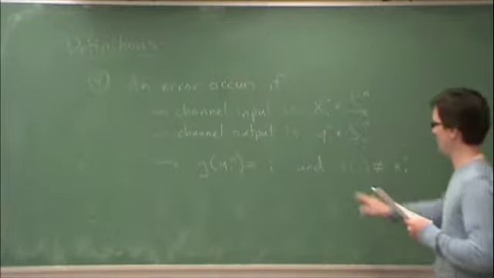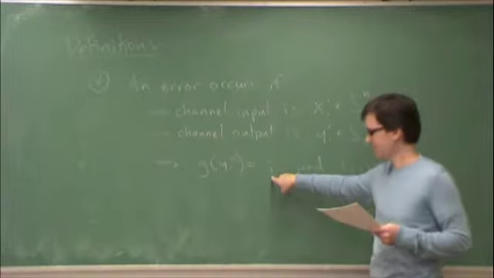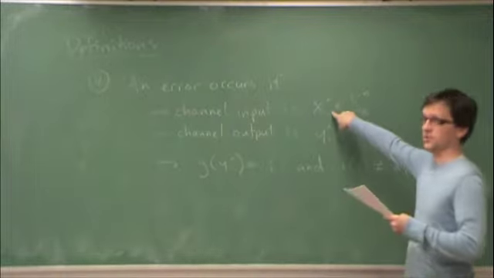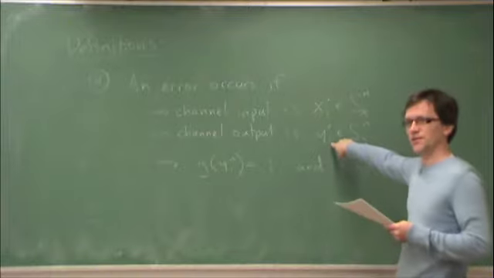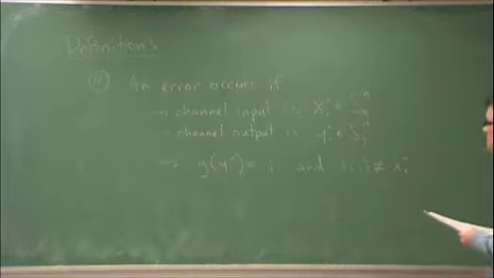So in other words, if I take my channel outputs, decode them, I get a message I. However, if I re-encode that message, it's not the same as what was transmitted. So therefore, this message that was sent and this message that was decoded must be different. So that's what we'll define as an error.